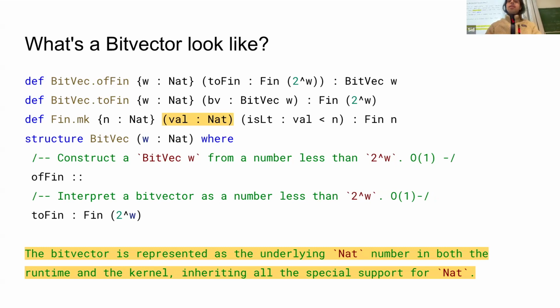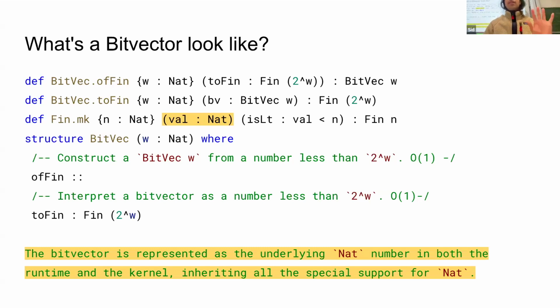This gives us good performance when we're trying to reduce large terms that involve bit vectors, which is needed if you're trying to do some software verification and you're trying to evaluate something in the kernel, right? It's pretty important that these things actually reduce and evaluate quickly.